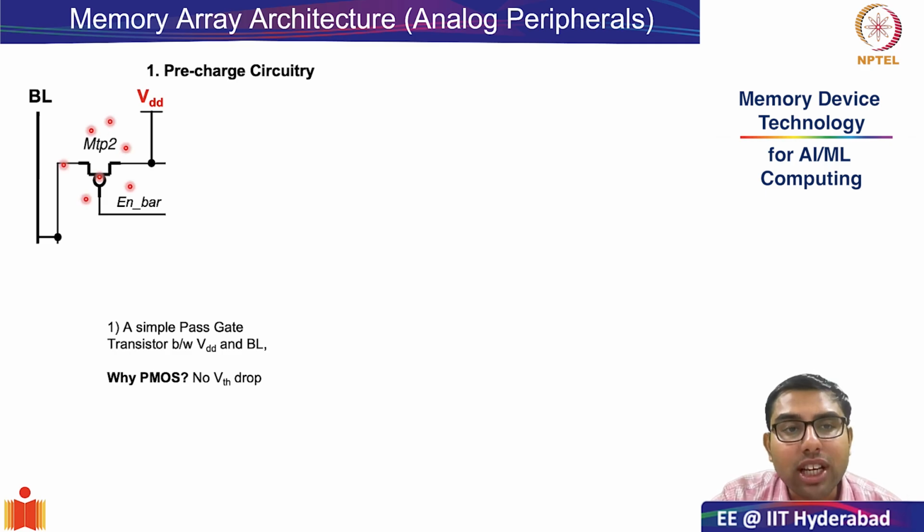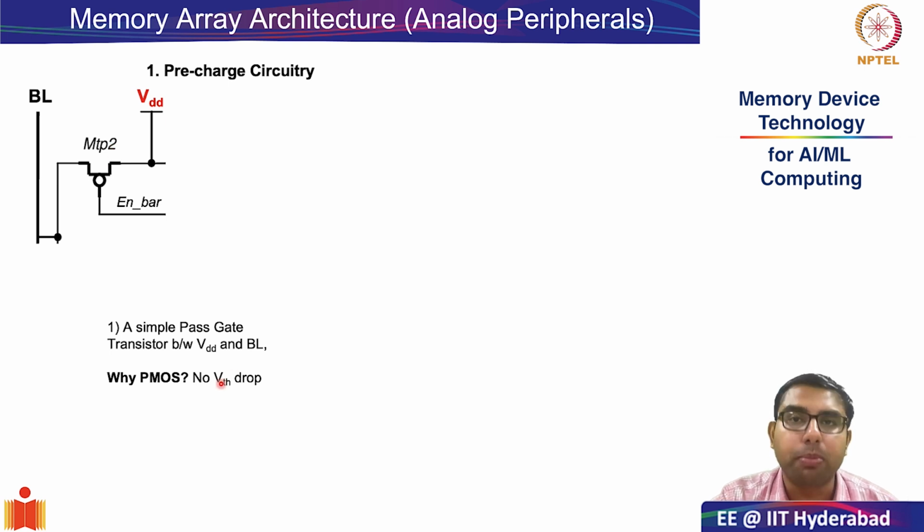However, it is curious to note that this transistor, which is connecting the VDD to the BL, is a PMOS. In silicon technology, we know that the mobility of holes is generally 1/3 or 1/2 of that of electrons. So for any kind of access transistors, we try to use NMOS. So what justifies the use of PMOS here?